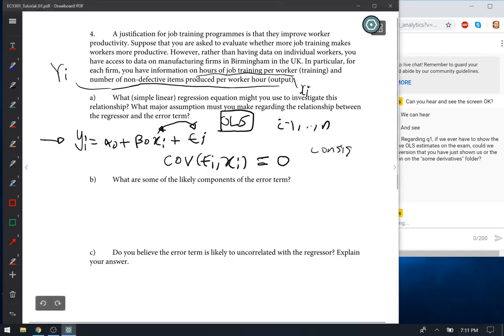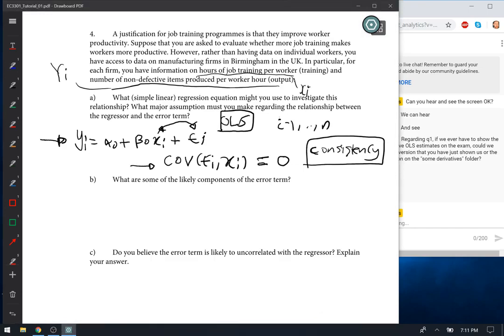Of course, we always need no perfect multicollinearity, because we need that for the OLS estimator to even exist. So we always assume that. Once that holds, we only need this covariance assumption, and a random sample to get the weak law of large numbers. But as we talked about in the tutorial, it's this assumption that's key in underpinning consistency.